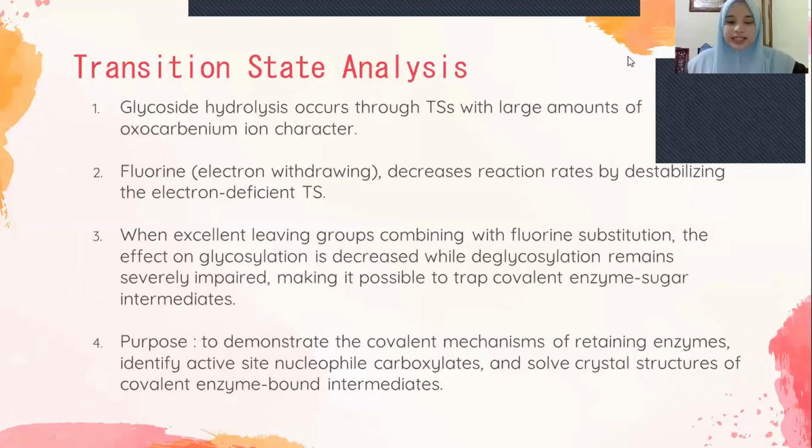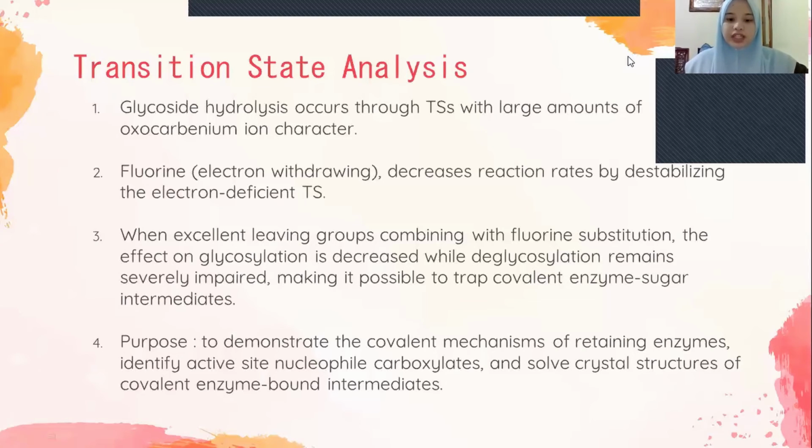Then, when the aryl leaving group is combined with the fluorine substitution, the rate of glycosylation will decrease, while deglycosylation remains severely impaired, and it is possible to trap the covalent enzyme-sugar intermediates.